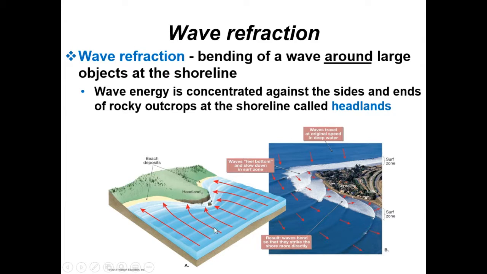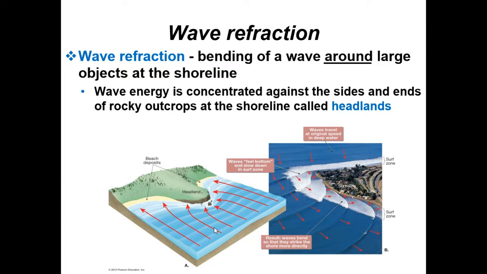Their direction is shown by these red arrows, and the topography at the bottom of the ocean here, or the bottom of the beach, I should say, varies. It's never the same anywhere, so how waves come in to a beach is all dependent on what the topography of the beach bottom is.